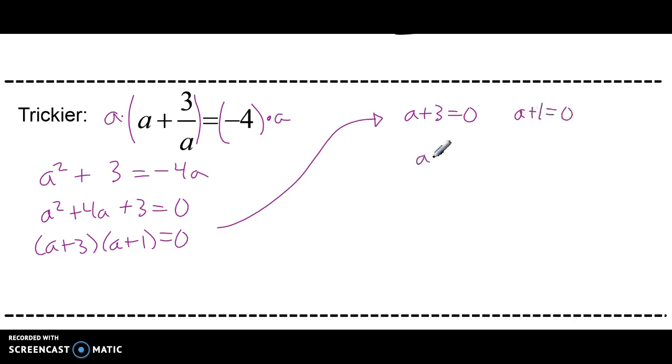You get a equals negative 3, or a equals negative 1. But I don't think anybody's going to be too shocked by this complication here. Clear your fractions out, same first step, and then solve whatever thing you created, which might be quadratic. They won't always be linear at this point.